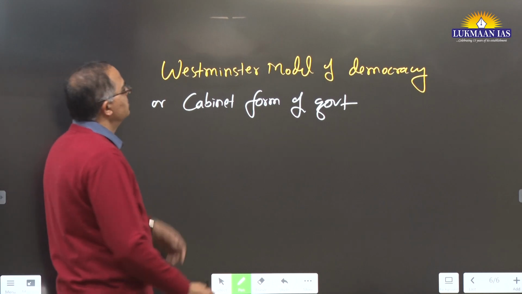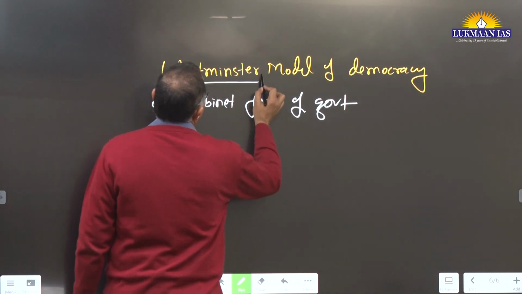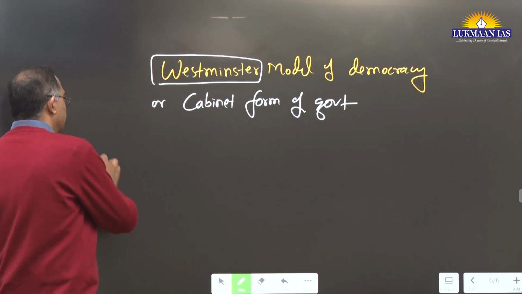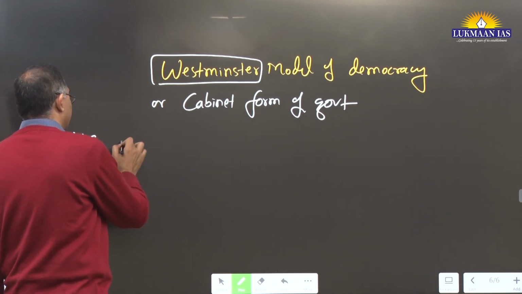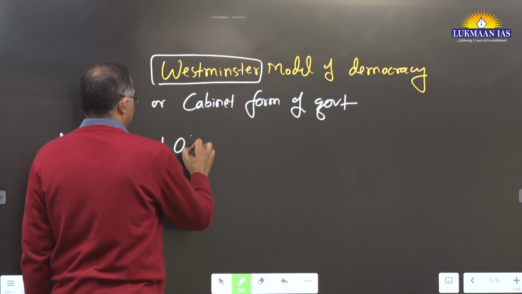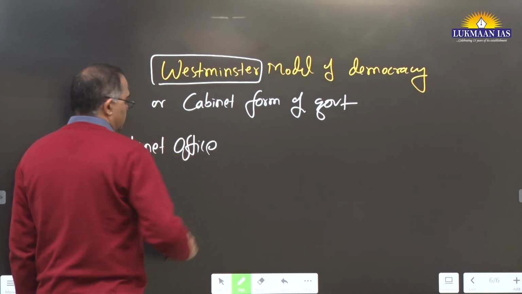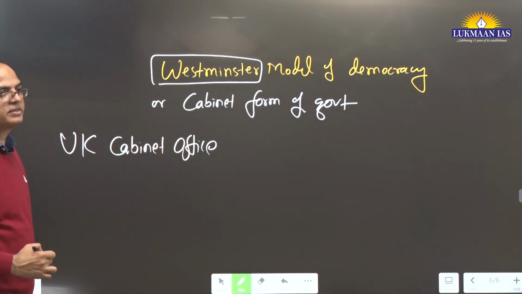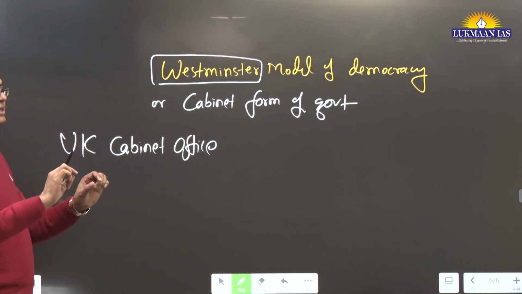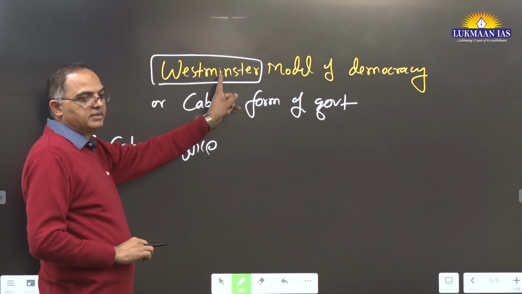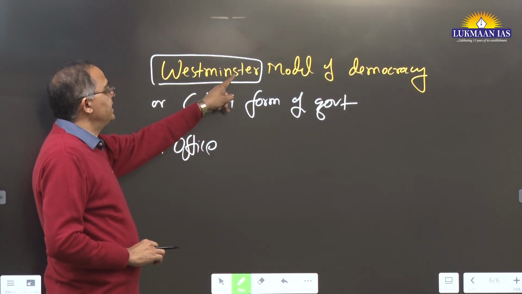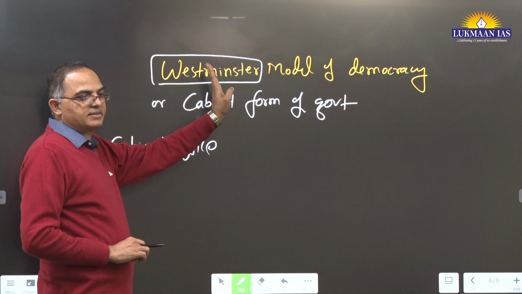See, Westminster is a place. It is about the UK Cabinet Office. The place where you have the UK Cabinet Office is named Westminster, W-E-S-T-M-I-N-S-T-E-R.